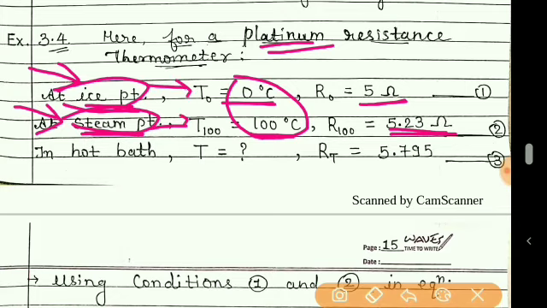Now this thermometer is kept in some hot bath, meaning we don't know the temperature of this hot bath, and so we need to find this temperature of the hot bath, but at that time the resistance was known, it is 5.795 ohm.